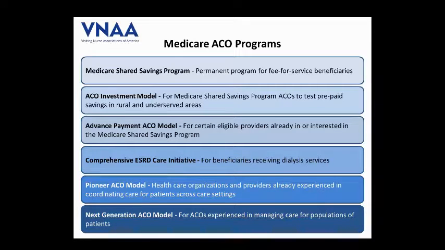And if CMS approves those waivers, and through the demonstration project they prove to be successful at helping achieve the triple aim, this is where CMS can take elements from these models and employ them in the permanent programs, such as the Medicare Shared Savings Program.